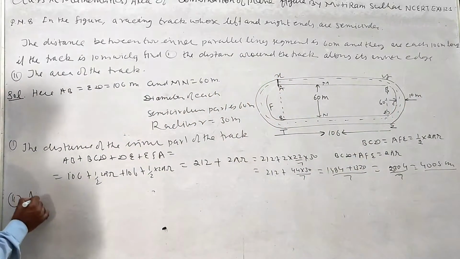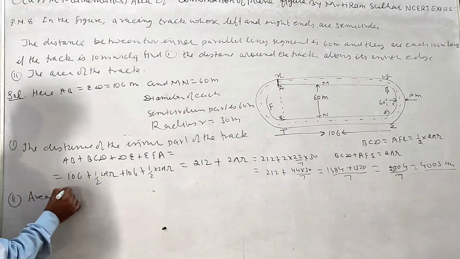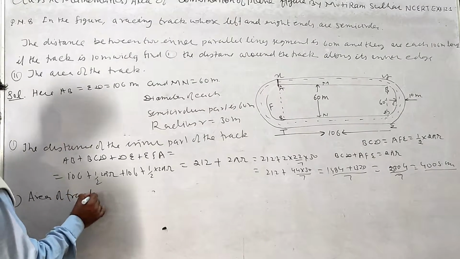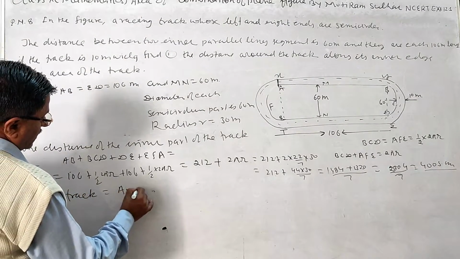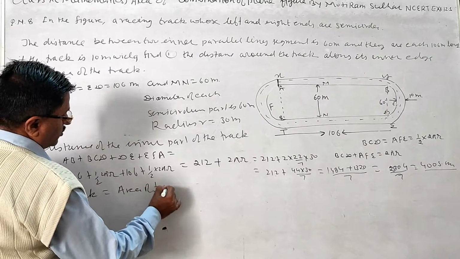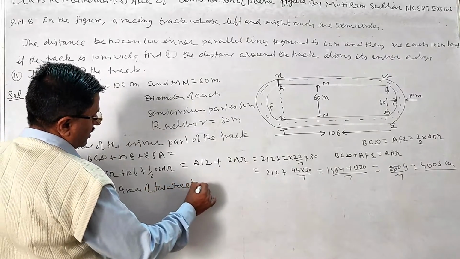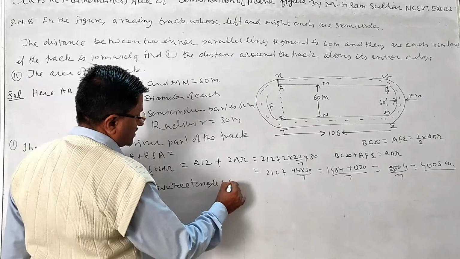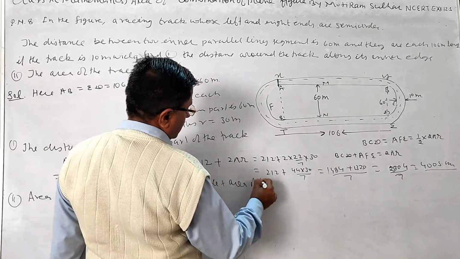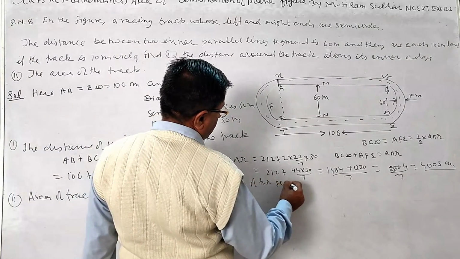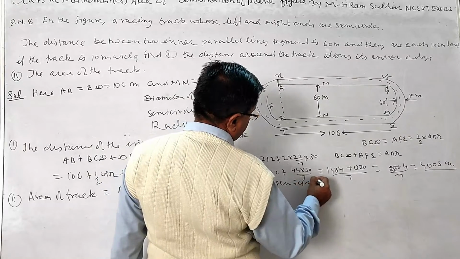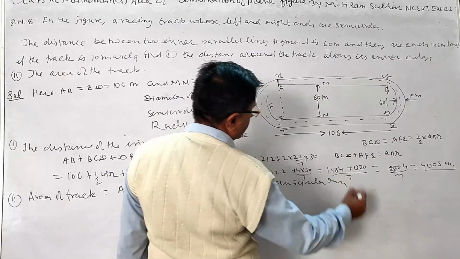Clear? So you can write area of track is equal to area of two rectangle plus area of two semicircular ring.